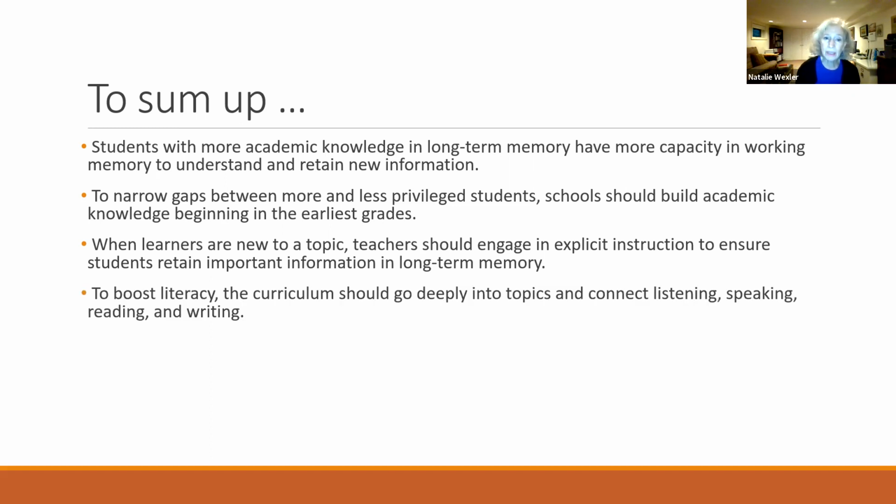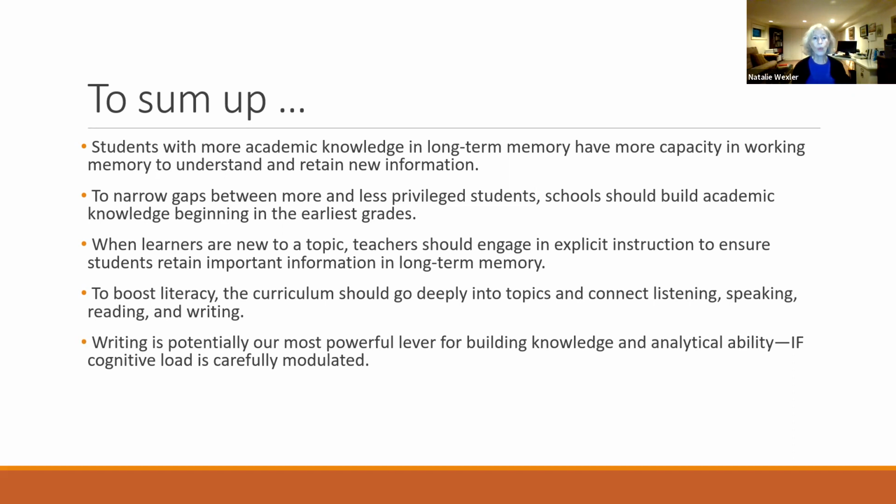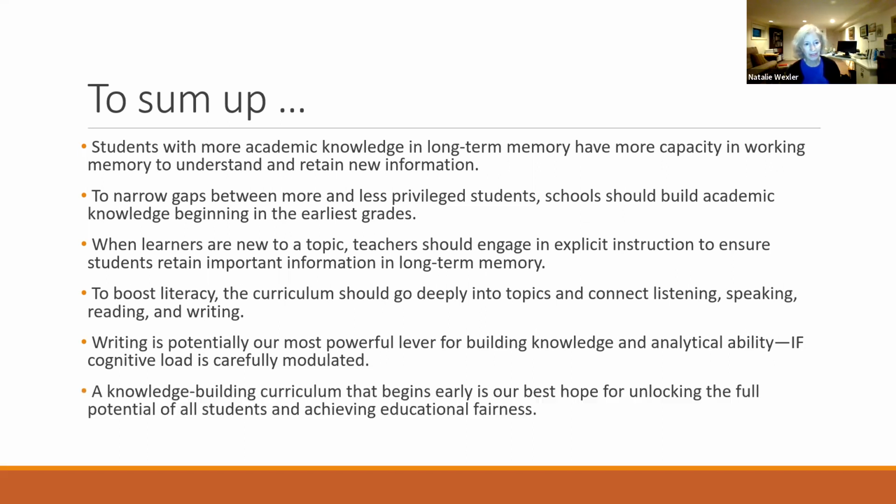To boost literacy, the curriculum should go deeply into topics and connect listening, speaking, reading, and writing. Writing is potentially our most powerful lever for building knowledge and analytical ability if cognitive load is carefully modulated. And finally, a knowledge-building curriculum that begins early is our best hope for unlocking the full potential of all students and achieving educational fairness.